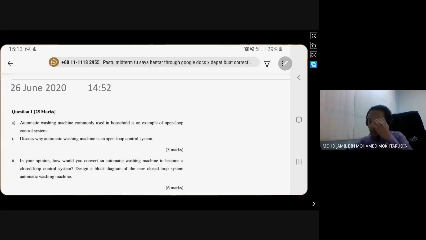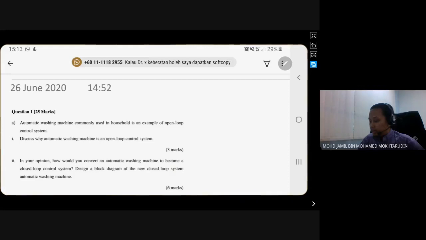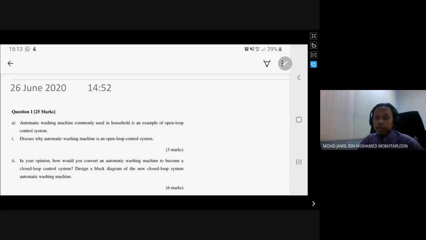And you also must have the sentence saying that in the presence of disturbance, for example, when your friend or your cousin stops the machine, and then you restart the machine once again, then the desired cleanliness or the output will not be the same as what you actually want. Okay, so when you have these 3 points, you will get 3 marks.